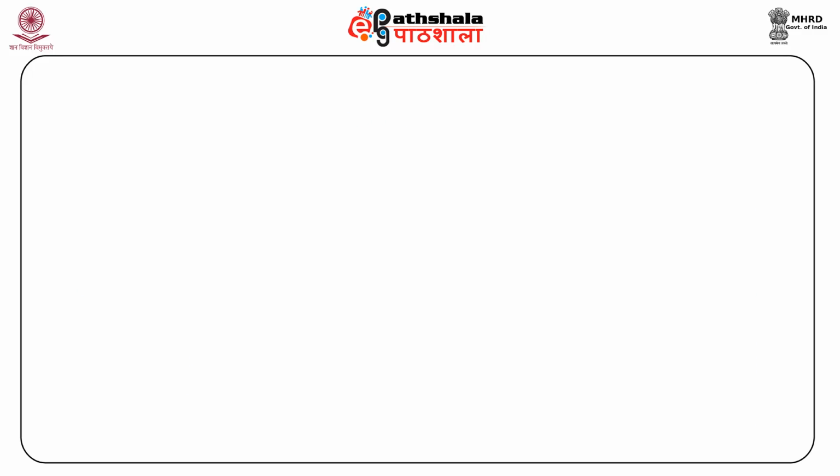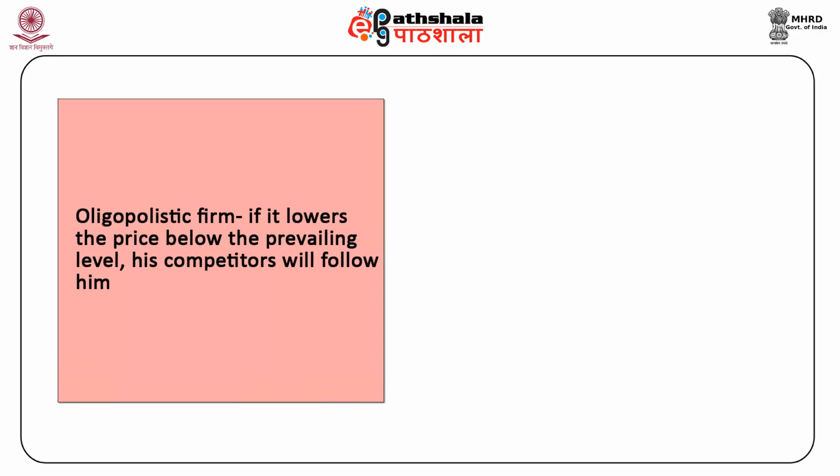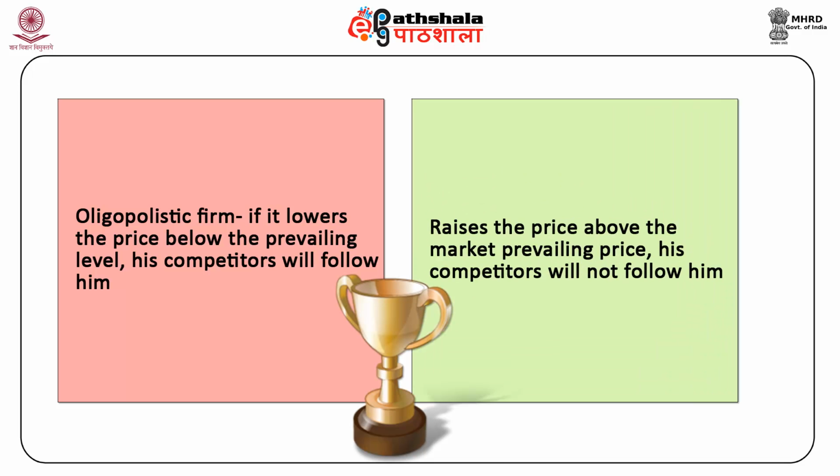This is so because each oligopolistic firm believes that if it lowers the price below the prevailing level, its competitors will follow and will lower their prices. But on the other hand, if it raises the price above the market prevailing price, its competitors will not follow.